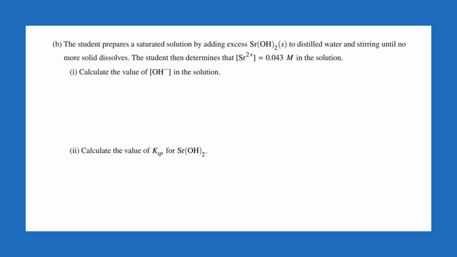Okay, the student prepares a saturated solution by adding excess strontium hydroxide to distilled water and stirring, and then the student determines that the strontium ion concentration is 0.043. Calculate the value of the OH. To do this, all we needed to use was that balanced chemical equation. We know that if we have 0.043 molar for the strontium, there's 1 strontium ion for every 2 hydroxide ions.